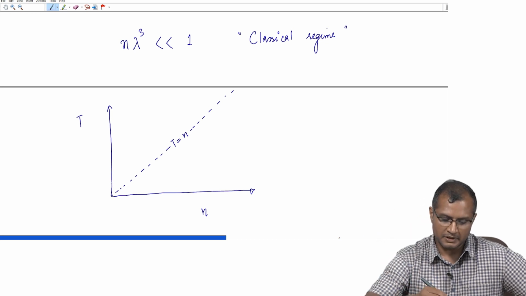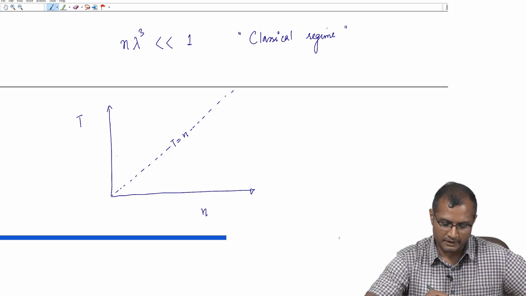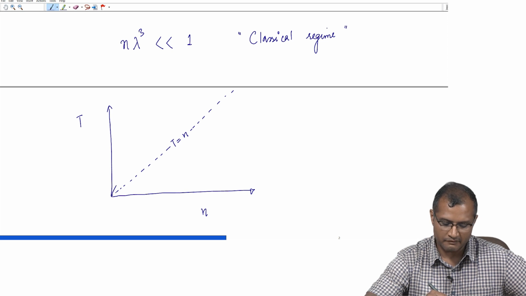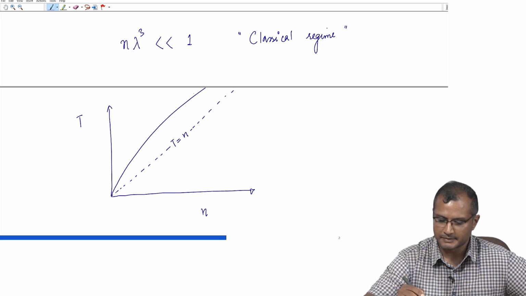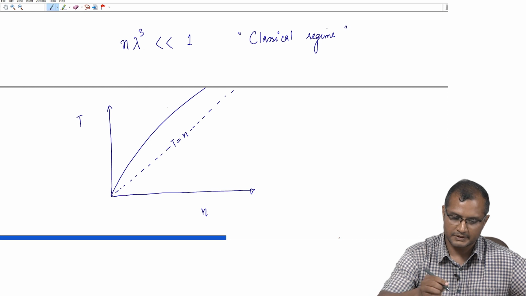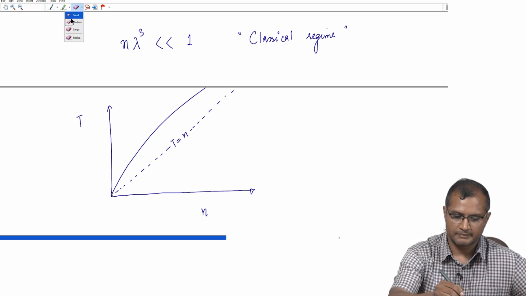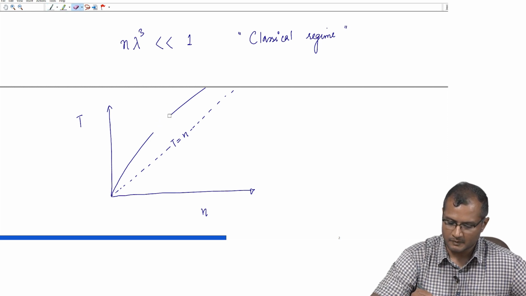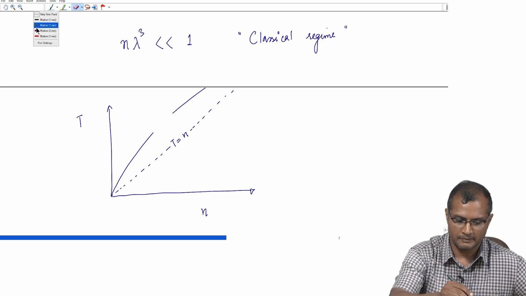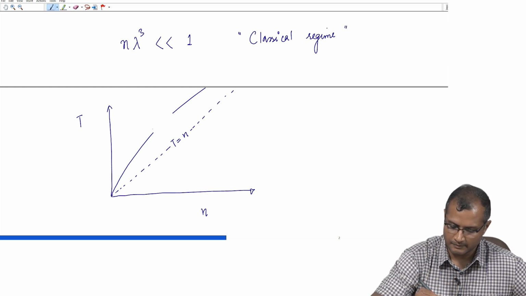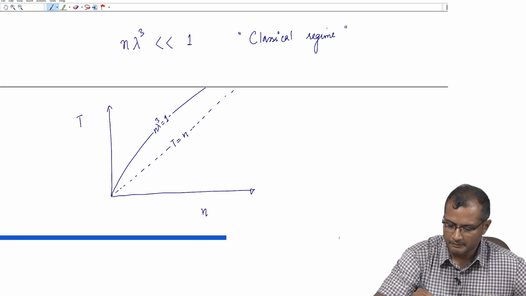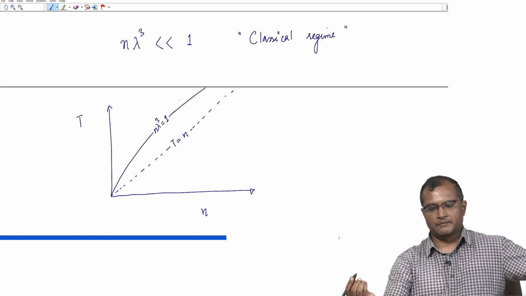And my curve n lambda cube equals to 1 would be somewhere like this. So, this is my curve. Okay.